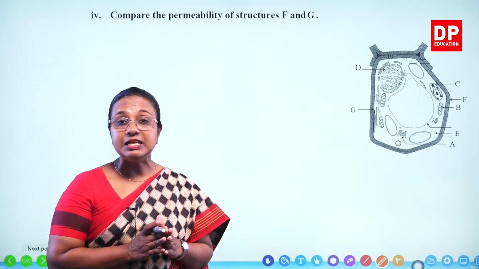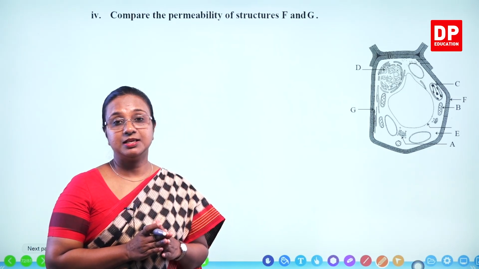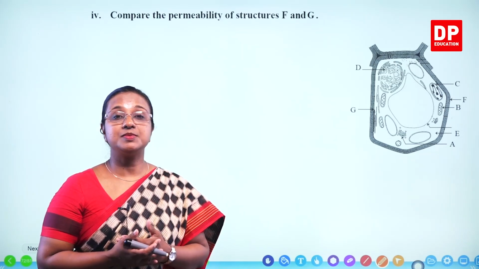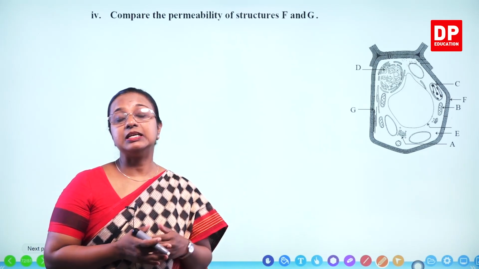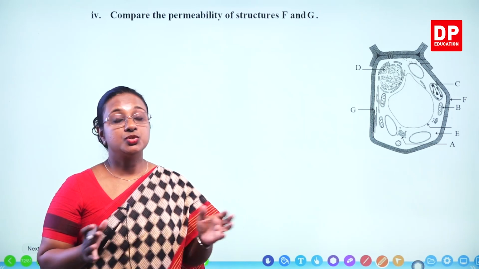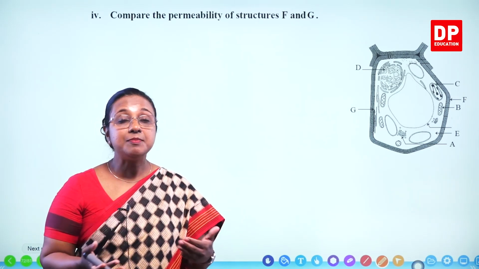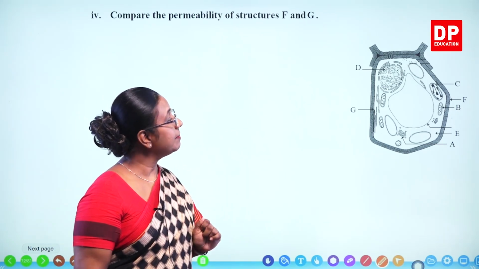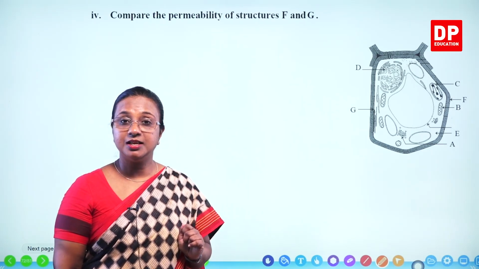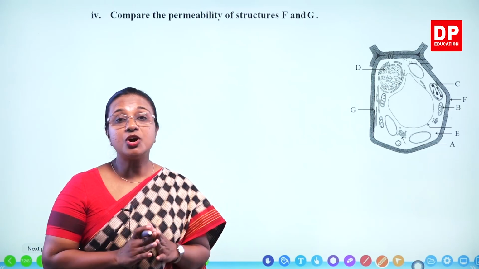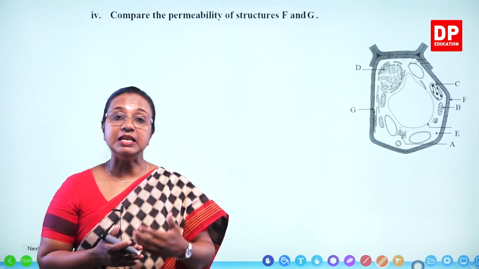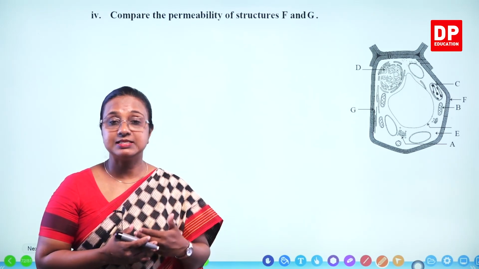What is the main difference in permeability? The cell wall allows all the substances to enter into the cell. So that means it's completely permeable. Whereas the cell membrane, that is G, does not allow all the substances to come in or go out of the cell.